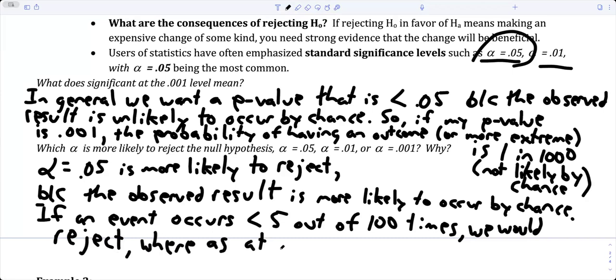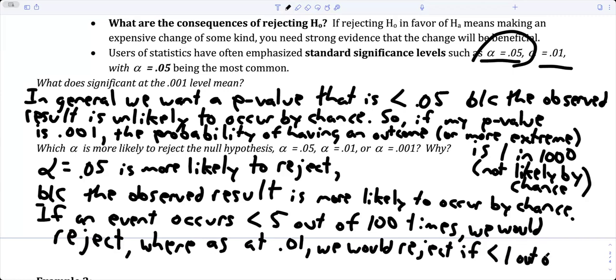Whereas at 0.01, we would reject if it is less than 1 out of 100. And then 1 out of 1,000 at 0.001. Okay, so the higher your significance level, the more likely you are to reject.